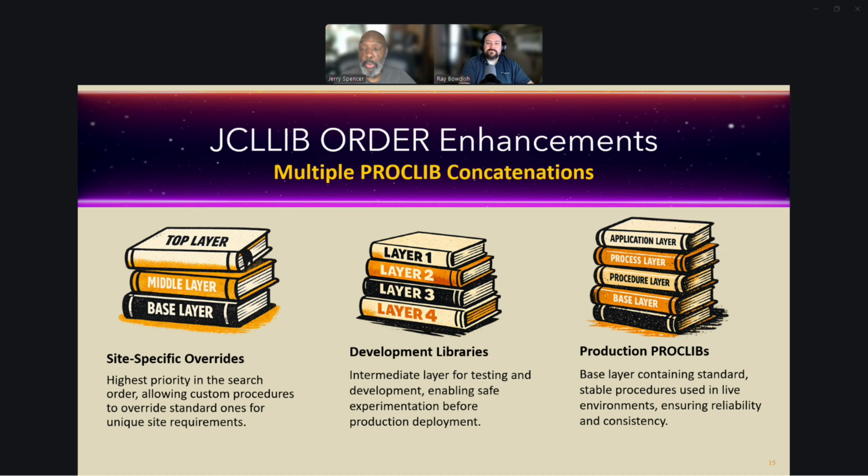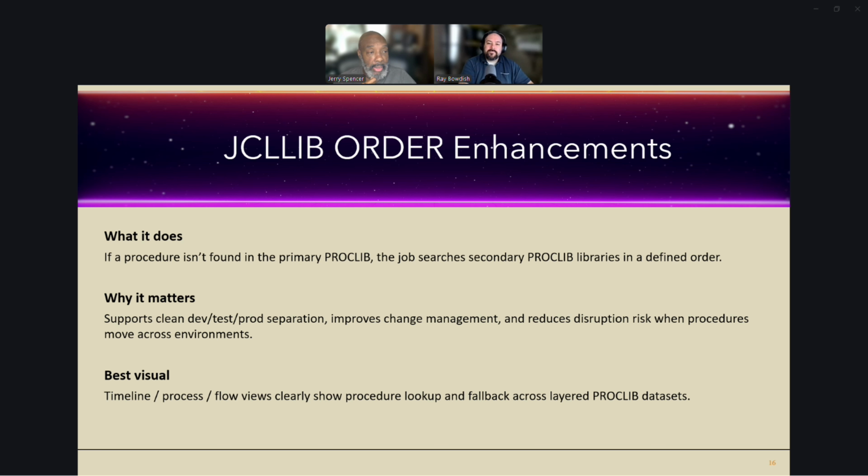Now I said data set 1, 2, and 3, they've got a top layer, middle layer, base layer, same concept. Layer 1, 2, 3, 4, it's the same concept. And you've got all kinds of different ways to arrange this, but you have complete control over what gets executed by the way that you specify the JCLLIB data set.